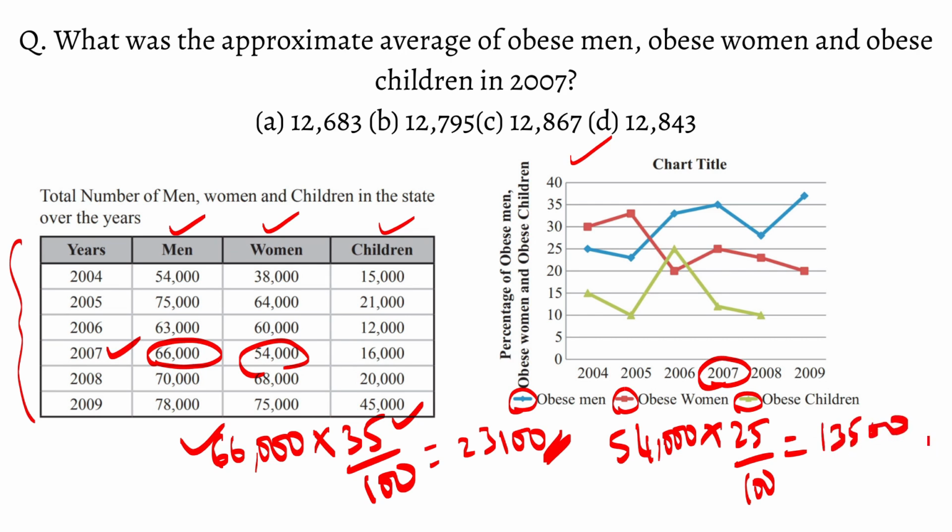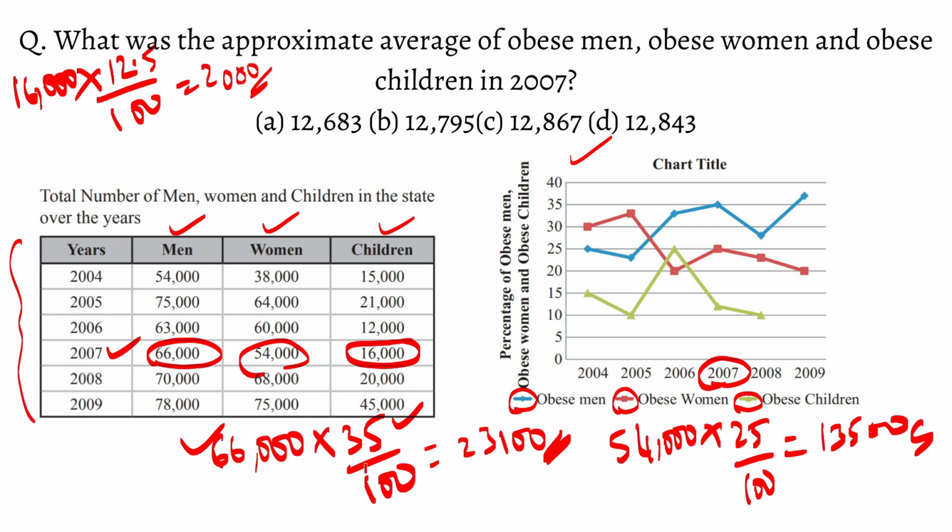So 13,500 women are obese in 2007. What about children? Total number of children in 2007 are 16,000, and the percentage of children who are obese in 2007 is almost 12.5%. So this will be equal to 2000.